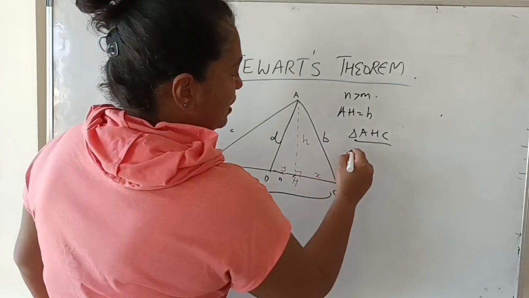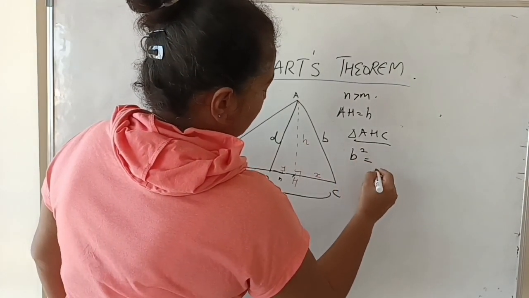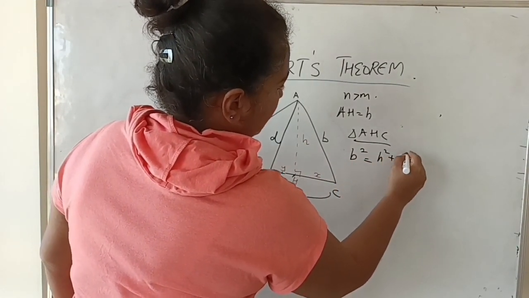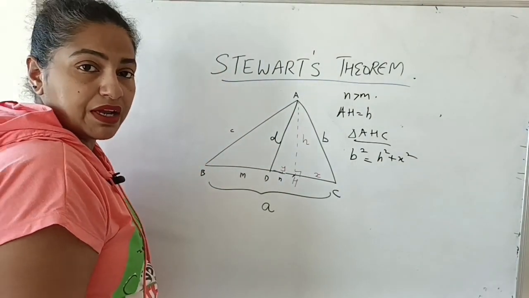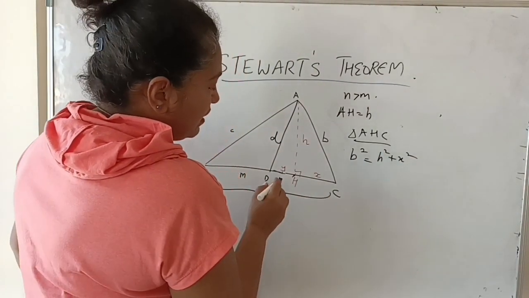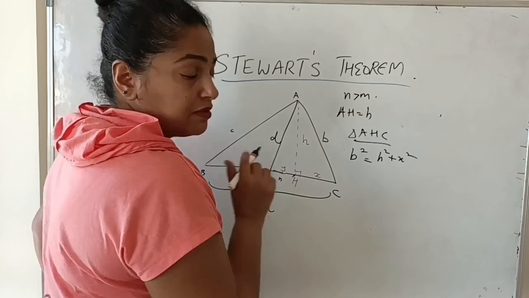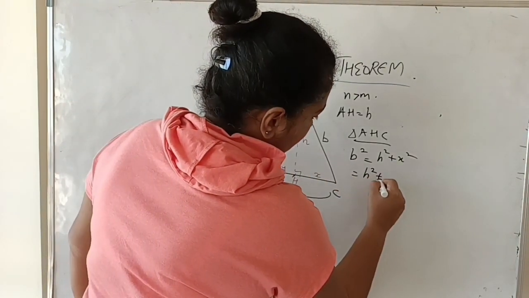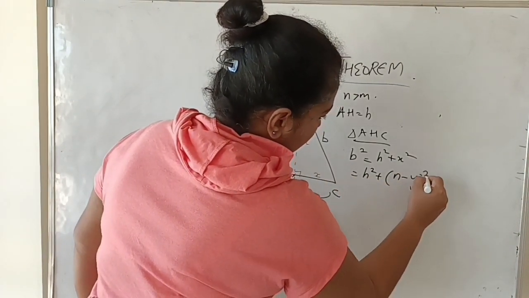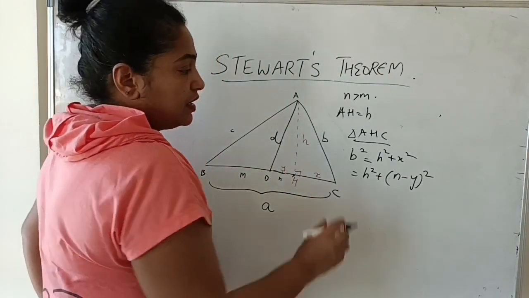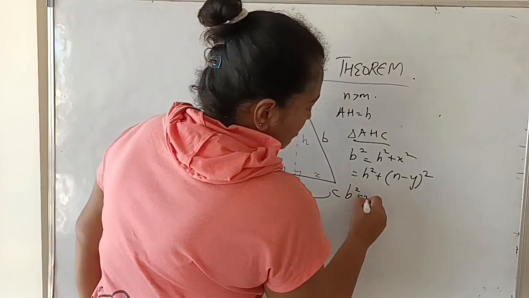What do you see? You can say that b square is equal to H square plus X square. Right? Now what is X? X is actually N minus Y. So I will write H square plus (N minus Y) the whole square. Now what is b square M?